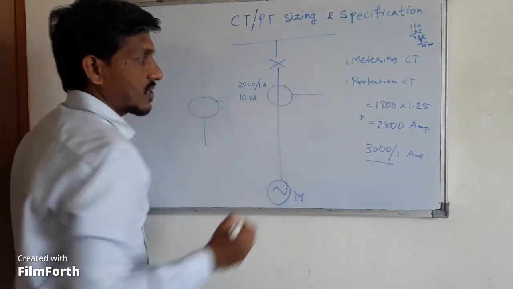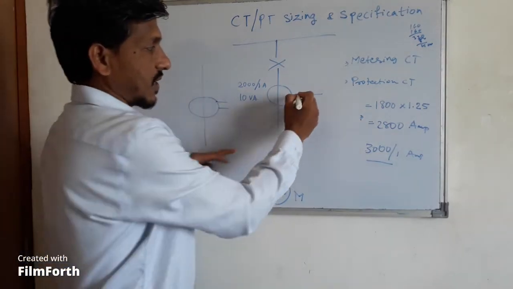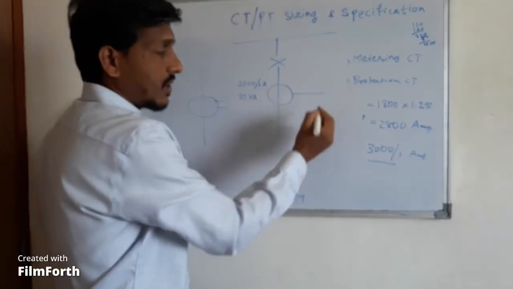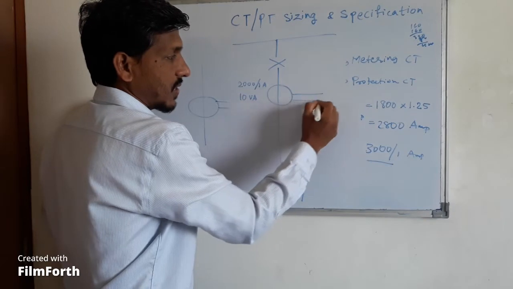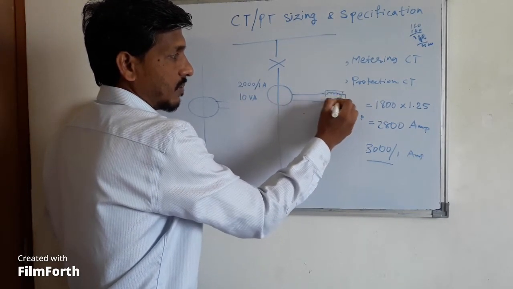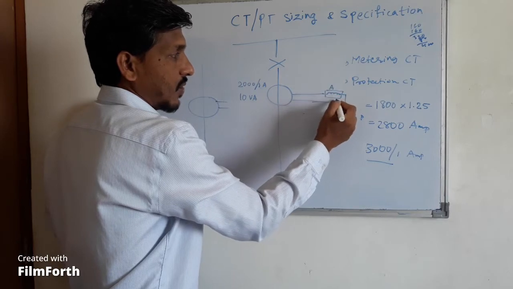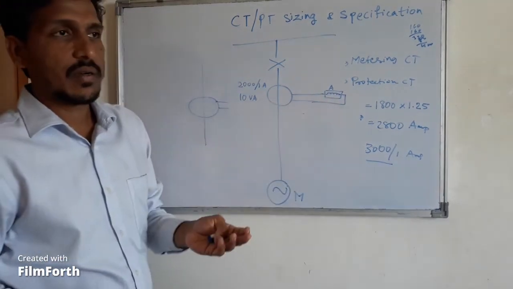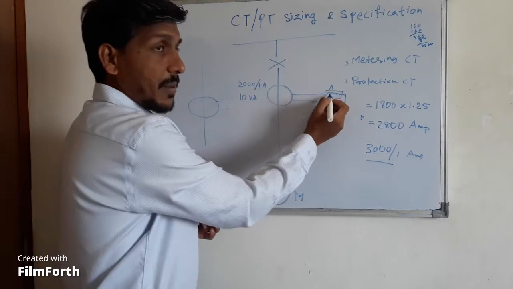This is the resistance of the secondary wires, secondary coil, or you can say pilot wire, or connecting leads. And the load is the resistance of this meter. Here you have connected an ammeter, or it could be a relay. So relay coil or ammeter coil, that is the load.